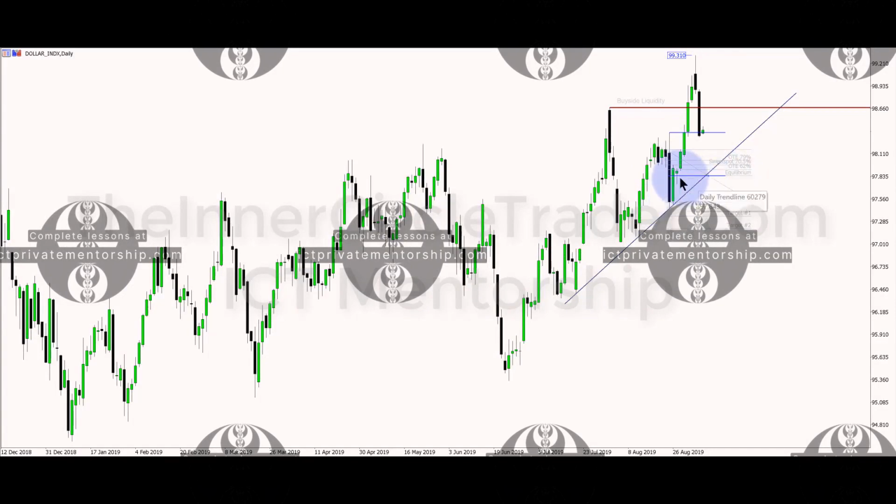There's equilibrium. That's what this little blue line is. So I'm looking at two points of reference. It just so happens that this point of reference for the mean threshold, if you extend it out, it touches that trend line phantom.